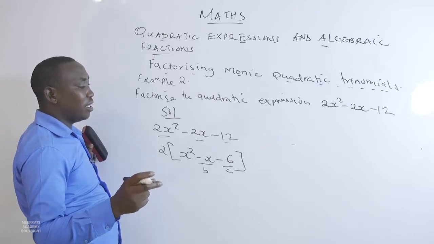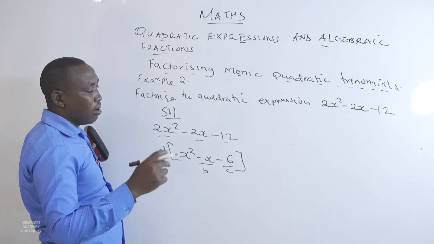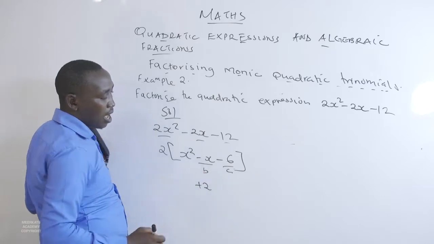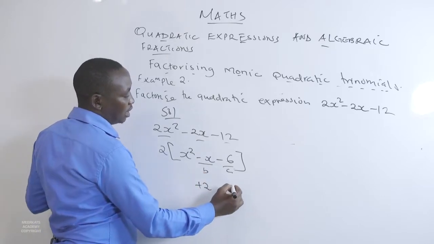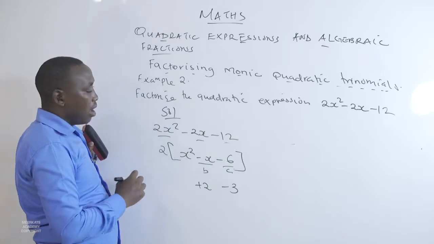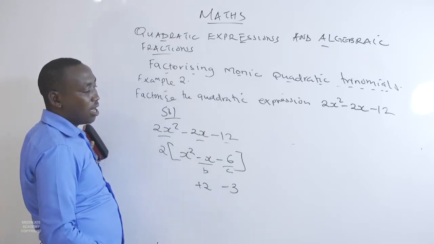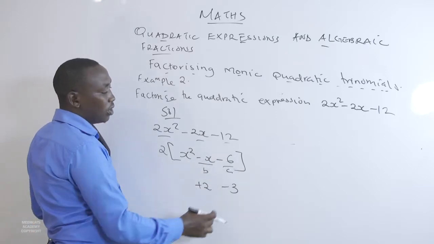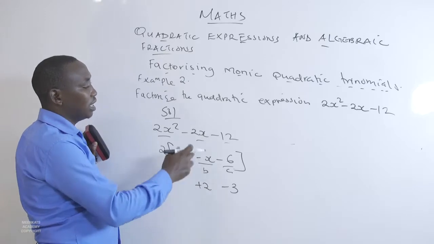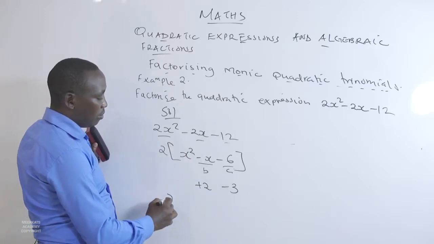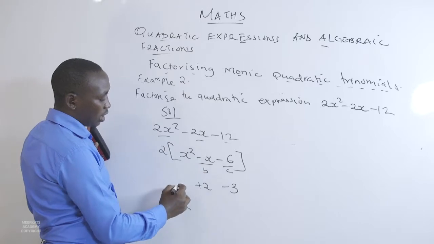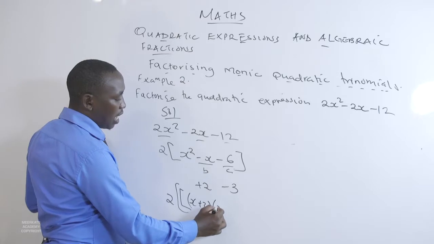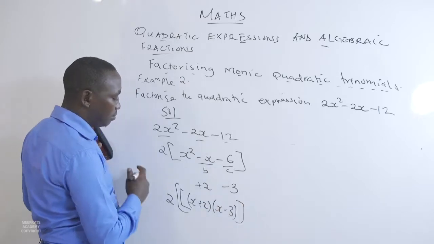You'll discover that these two numbers are going to be positive 3 and negative 4. When you multiply these two numbers, the result will be negative 12. When you add these two numbers, the result will be negative 1. So this will be 2 into x plus 3, x subtract 4.